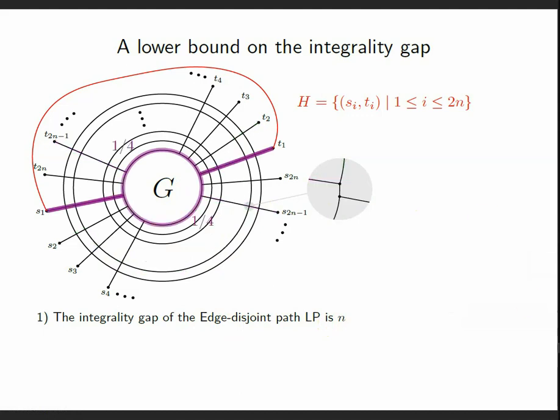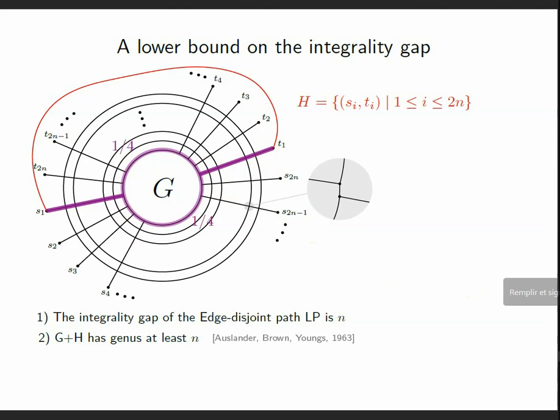Moreover, there is a fractional solution of value n. Two commodities share a ring, and we reroute one flow in each direction. The total flow going through each edge is therefore at most 1, and this fractional solution is feasible.